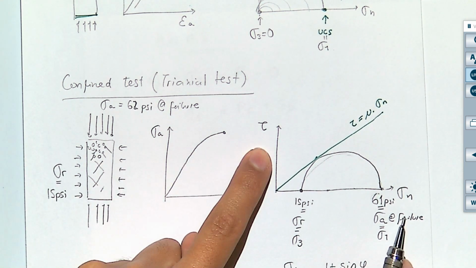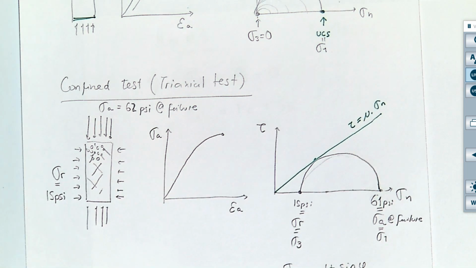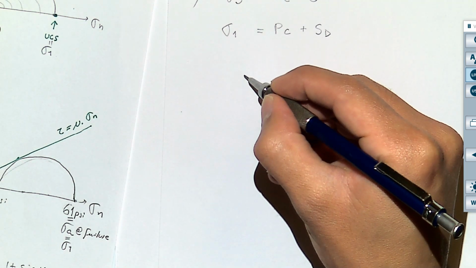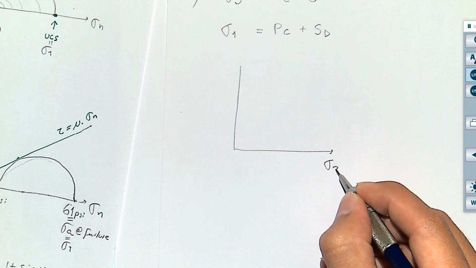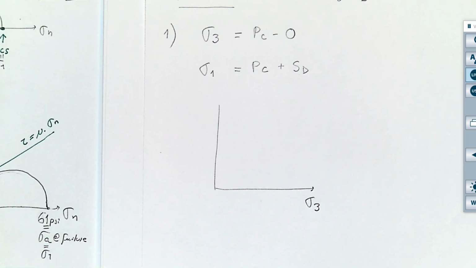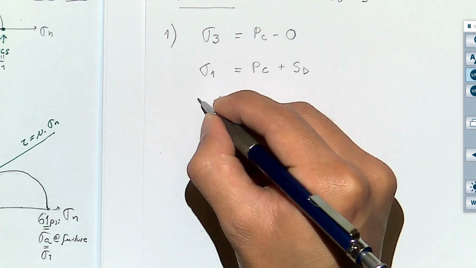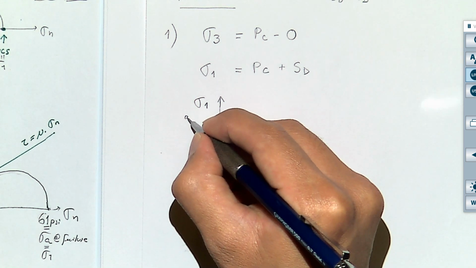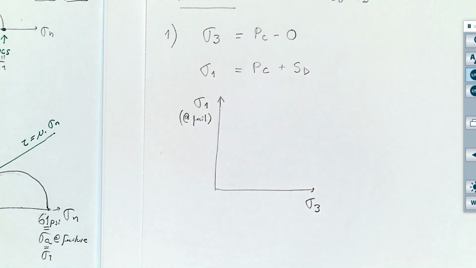Instead of working in a space of normal effective stress and shear stress, you're going to plot on the x-axis the minimum effective stress, and on the y-axis the maximum effective stress at failure, or the peak stress.